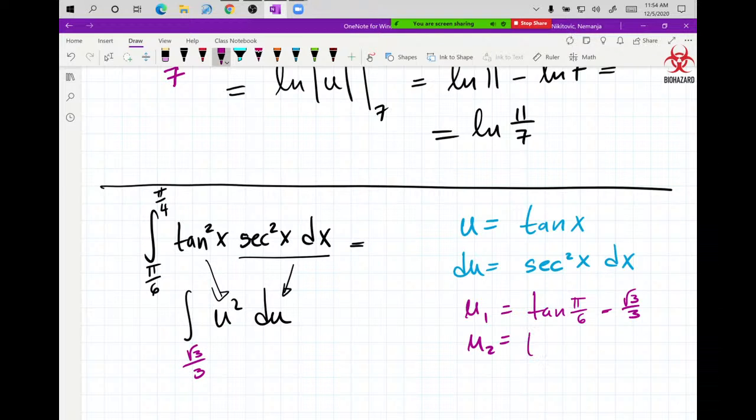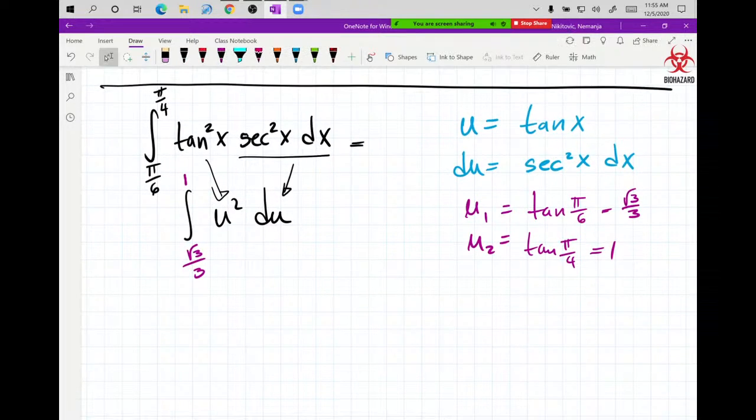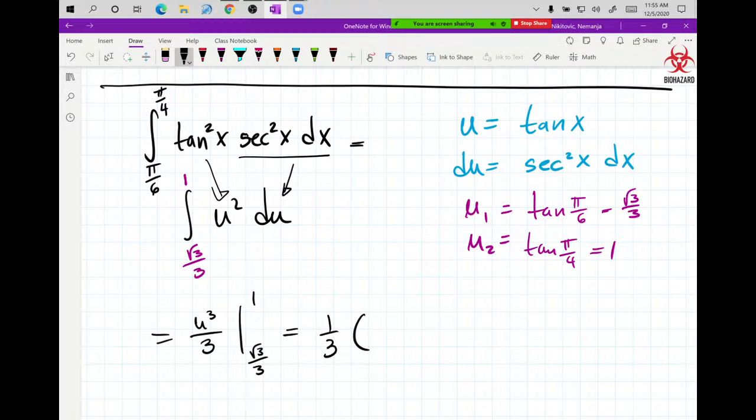And the upper limit is tangent of pi over 4, which is simply 1. No more trig, guys. This is just u cubed over 3 from root 3 over 3 to 1. So 1/3 times root 3 over 3 cubed minus 1 cubed, and that's going to give you some number.